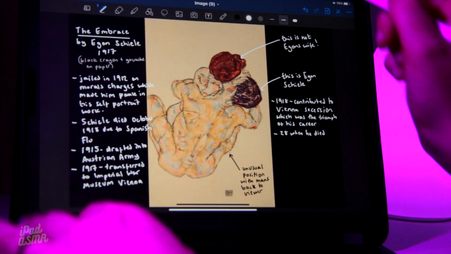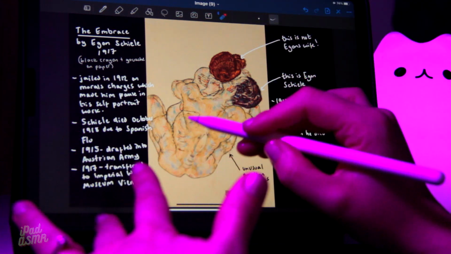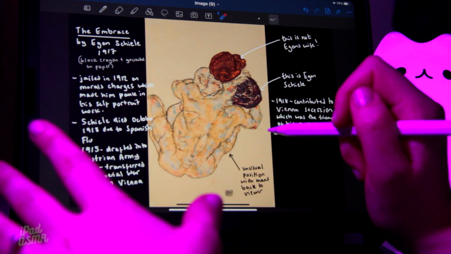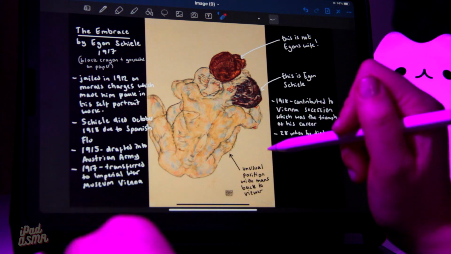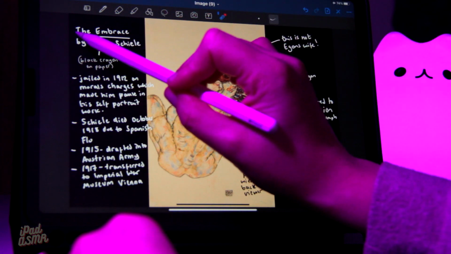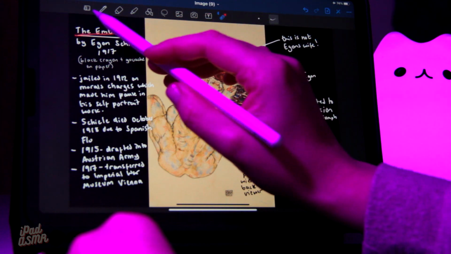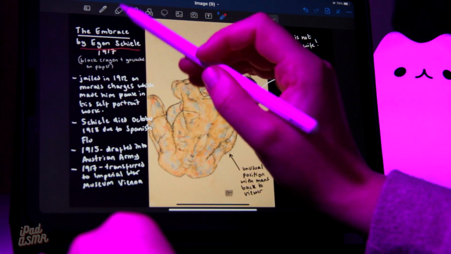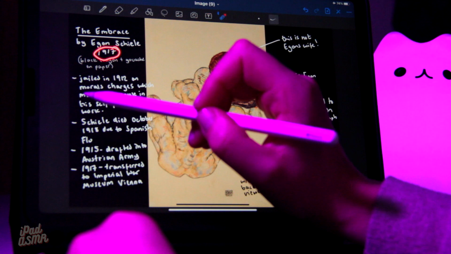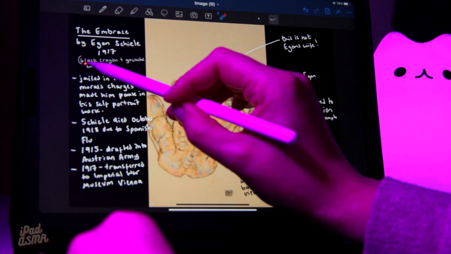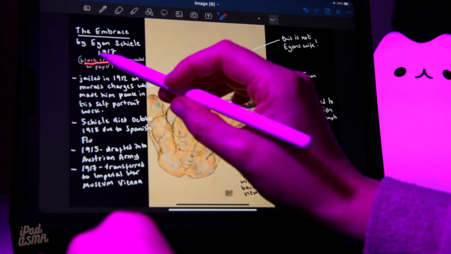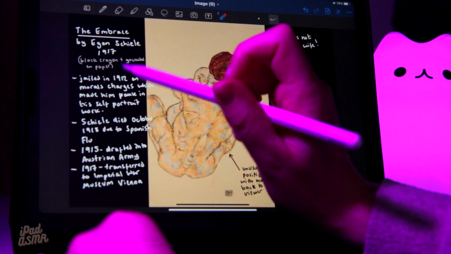Okay, so let's recap on what we've learnt about this painting. So this is called The Embrace, and it's by Egon Schiele, and it was painted in 1917 using black crayon and gouache on paper.